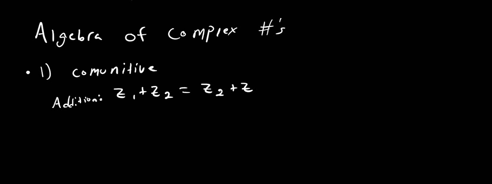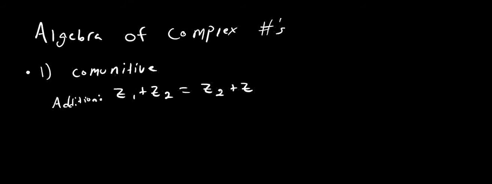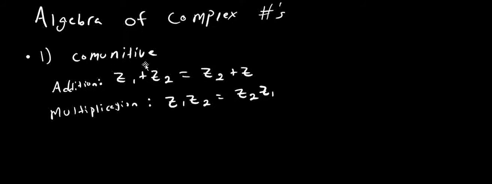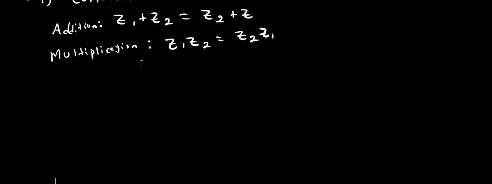And lucky for us, multiplication is also commutative. So this just means that z1 times z2 can be written as z2 times z1. All right. So we got commutative out of the way, which I just realized I totally spelled wrong, but I mean, you get the idea. So next is the associative law.